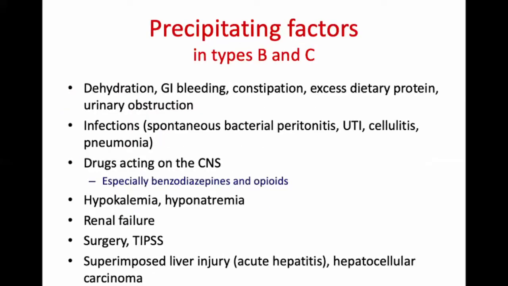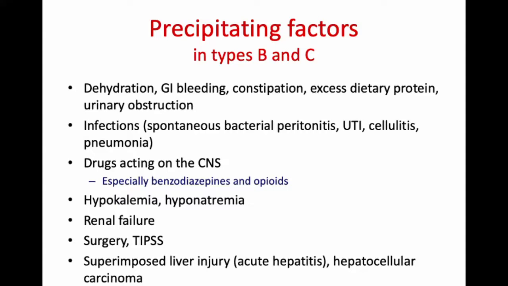Now, if you look at type B and type C, in both conditions they are shunting. In addition to shunting, there are precipitating factors also. So this is the list of those factors: dehydration, GI bleeding, constipation, excess dietary protein, urinary obstruction, then infections like spontaneous bacterial peritonitis, UTI, cellulitis, pneumonia.